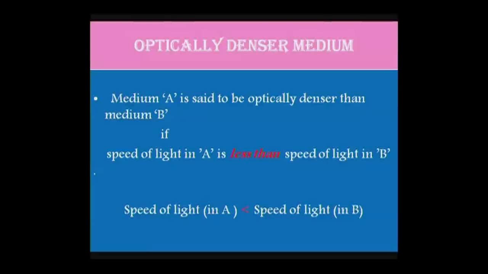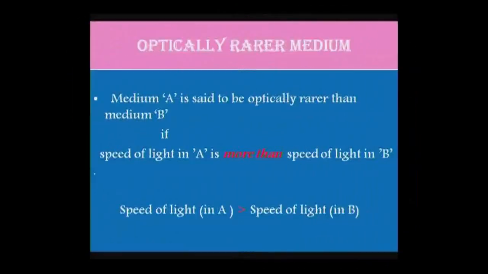Now let us understand another important technical term called optically denser medium. A medium A is said to be optically denser than medium B if speed of light in A is less than speed of light in B. Similarly, let us understand what is optically rarer medium.